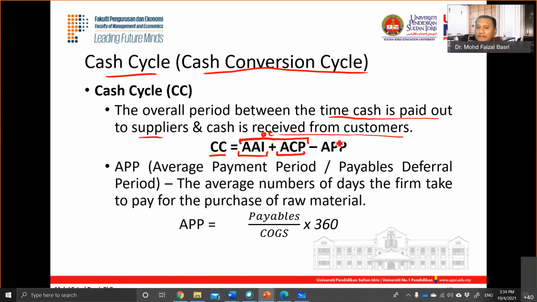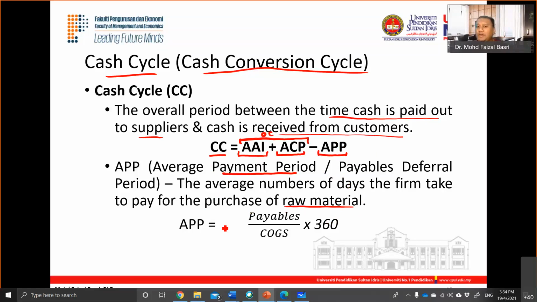But we have the final item, which is the APP. APP stands for average payment period. Okay, and by definition, APP stands for the average number of days taken by the company to make payments of the raw material they purchased earlier.